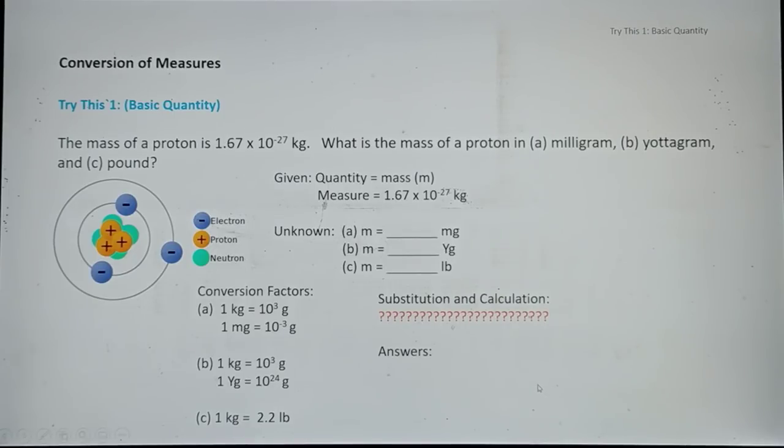Final answers: for letter A, the mass equals 1.67 times 10 raised to negative 21 milligrams. Letter B, the mass is 1.67 times 10 raised to negative 48 yottagrams. And letter C, the mass is equal to 3.68 times 10 raised to negative 27 pounds.